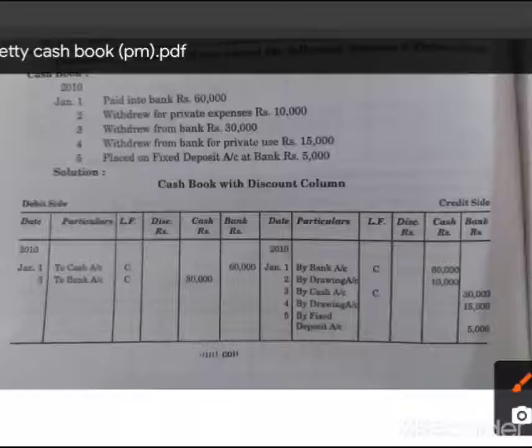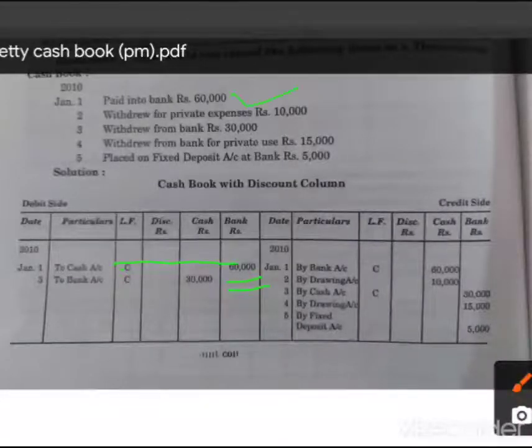You can see in the debit side on 1st Jan, to cash account. In the cash book we are writing to cash account, the amount in cash is paid to the bank, that is 60,000.